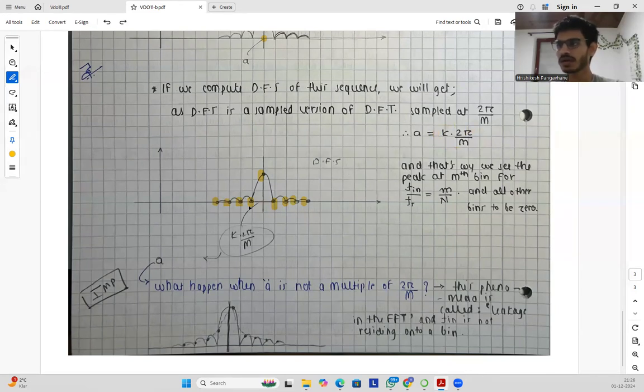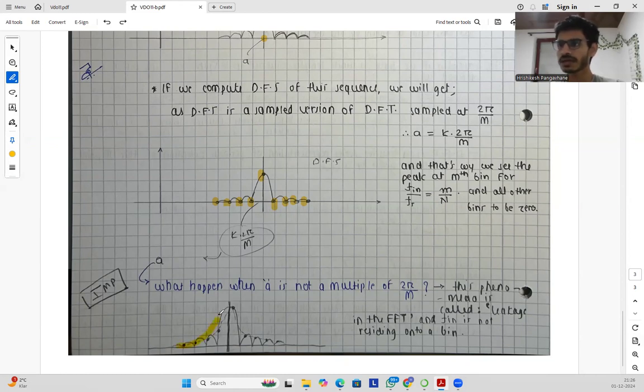So for the sake of having the discrete Fourier samples or series, if a is not a multiple of 2 pi by m, then the samples will be shifted. And if the samples are shifted, then at each sample or each bin we will have some sort of values, and that's why we get such a plot.